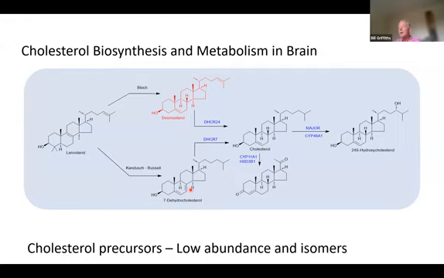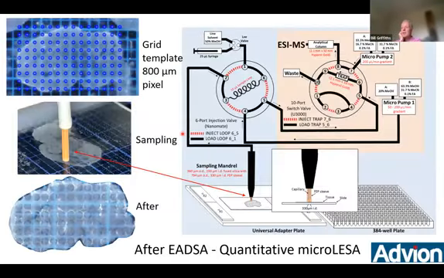So we've got an analytical challenge in terms of low abundance, and also you can see their isomers. We want to be able to resolve these isomers, and that's a problem if you're going to use MALDI. So we decided to switch techniques, and we decided to use LESA. LESA stands for liquid extraction for surface analysis.